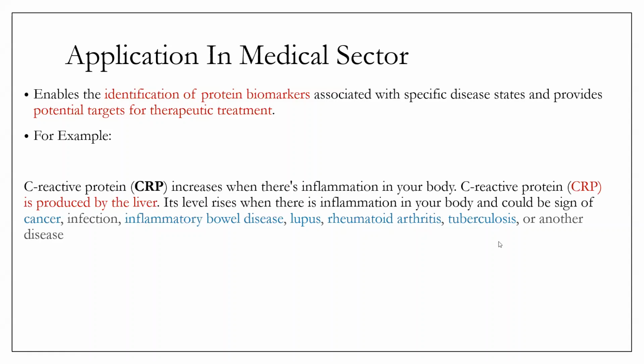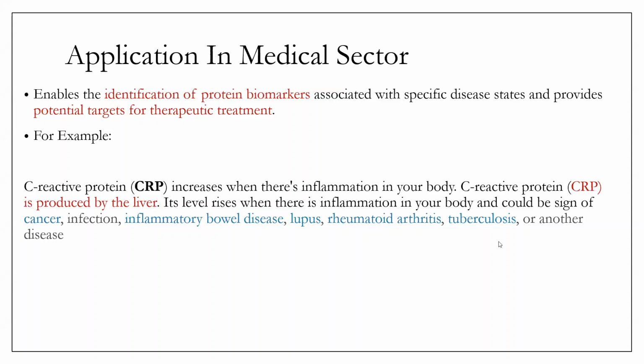So when a person is showing certain symptoms, analysis specific for C-reactive protein is done. If there is more CRP, it could be a sign of cancer, certain infections, lupus, arthritis, or tuberculosis. If there is inflammation in your body, the CRP level will be high.